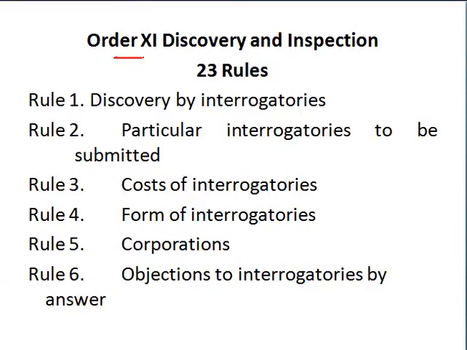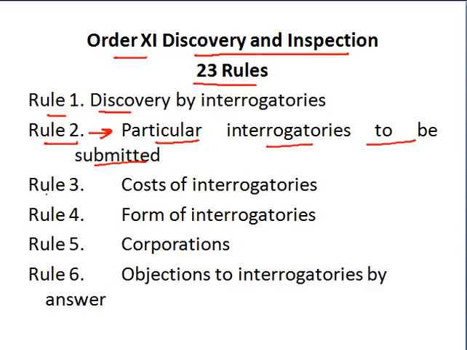Order 11 deals with discovery and inspection. Order 11 has 23 rules. Rule 1 deals with discovery by interrogatories. Rule 2, particular interrogatories to be submitted.